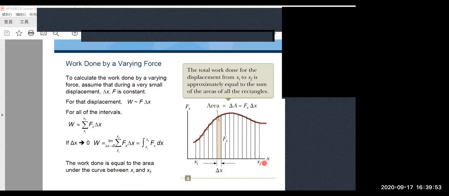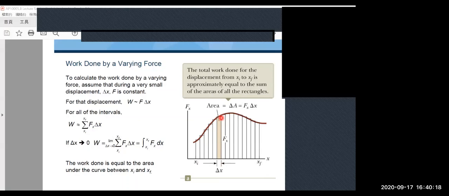The concept, at least, is like this. At a certain point, say from xi to xf, the displacement of the object may be delta x. Let us assume naively that the force in between xi and xf is a constant.